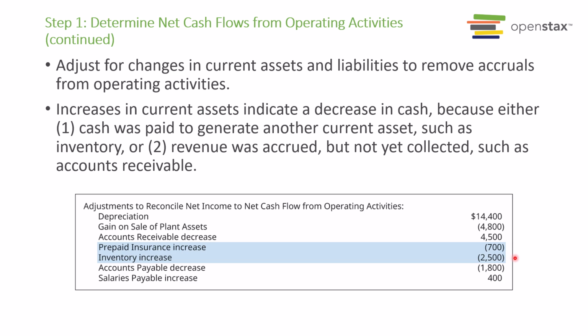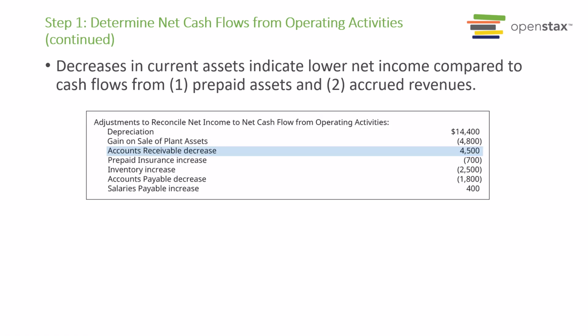Same thing for inventory. We bought more inventory, so the asset increased, but we bought it, we show that amount with cash. So our cash decreased in exchange for the inventory increase. And then similarly, a decrease in accounts receivable means that more money came in.